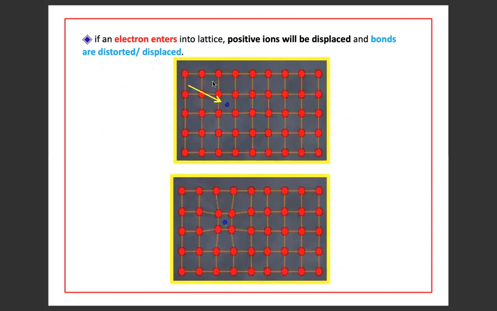If an electron enters into this lattice, then what will happen? Positive ions will be displaced and bonds will be distorted or disturbed. So when the electron enters this region, bonds near the electron will be distorted because an attractive interaction takes place between these positive charges and the electron.